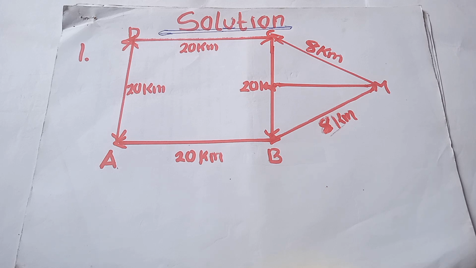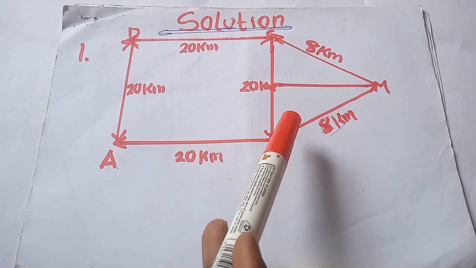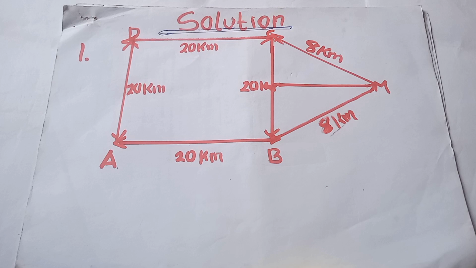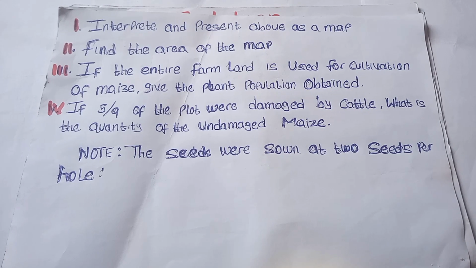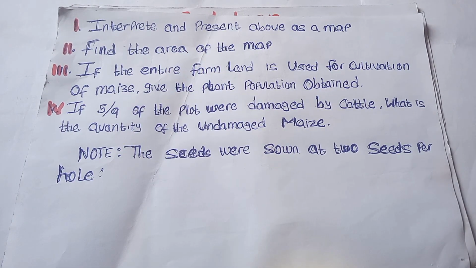If you look at this particular shape, it comprises two shapes, which is what? The square and what? A triangle. Don't forget, a square and a triangle. So the next question says we should find the area of the map. How do you calculate the area of this map?